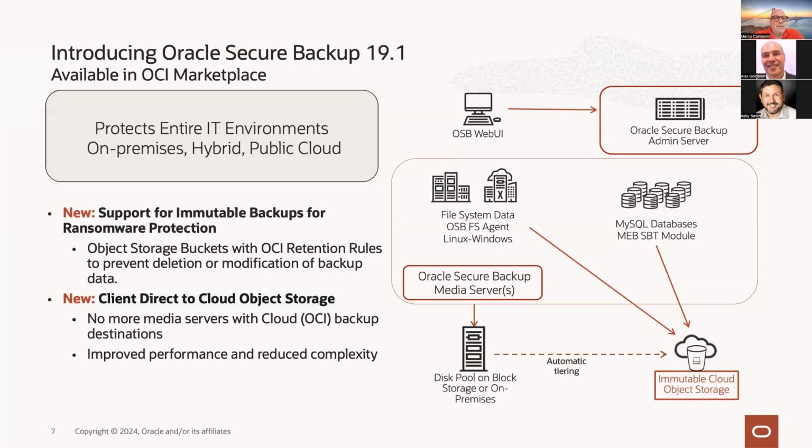This will improve performance of the backups because each client will, for backups or restore, have access directly to the bucket without the need of going through a media server, and it will simplify the environment, simplify management, and reduce the cost as well because media servers are not needed anymore. So no additional compute instance costs are added to the bill because of this.